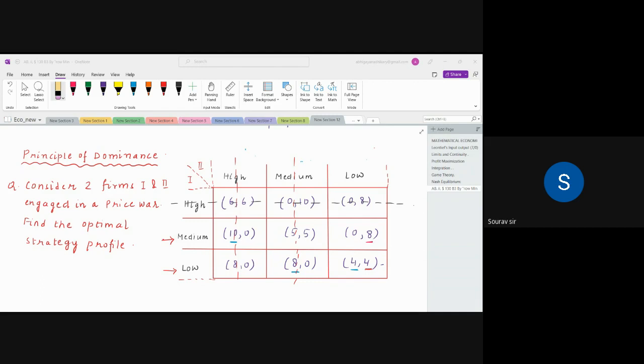Therefore, can I say that no matter what player one chooses to play, player two will never play high and medium? He's always playing low. That means for player two, high and medium are dominated strategies. Okay? Is it fine? That is why I cut out those two columns.